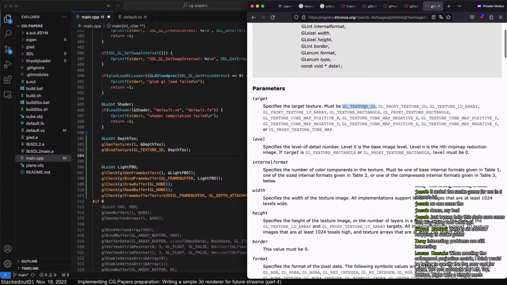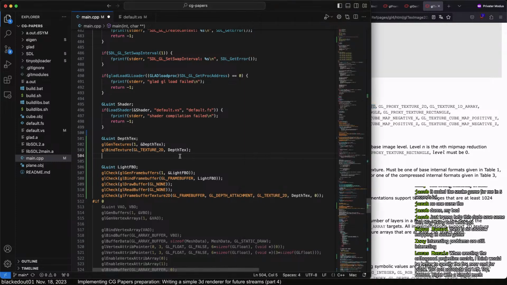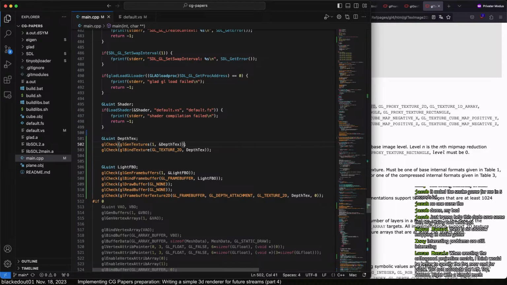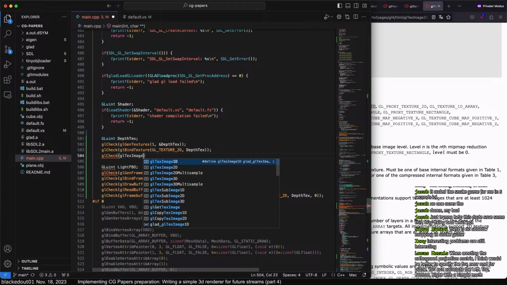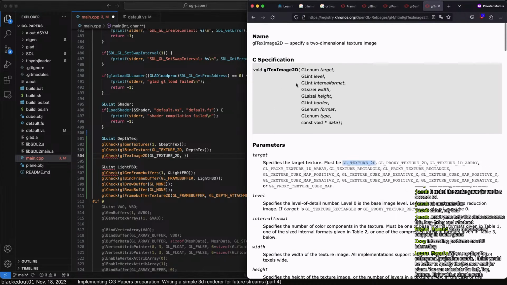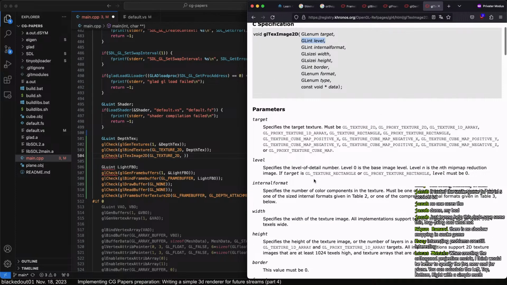So first, again, okay, wait, I forgot glCheck. So now we need to call this glTexImage2D. And the target is again this stuff we have bound. The first one is the level.